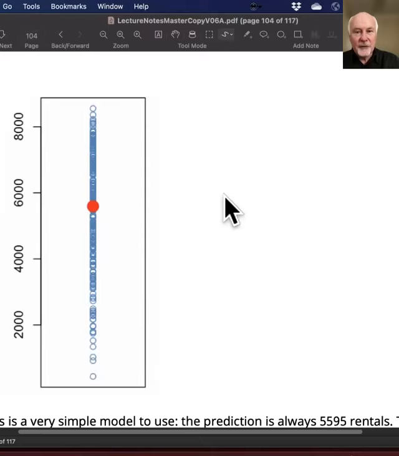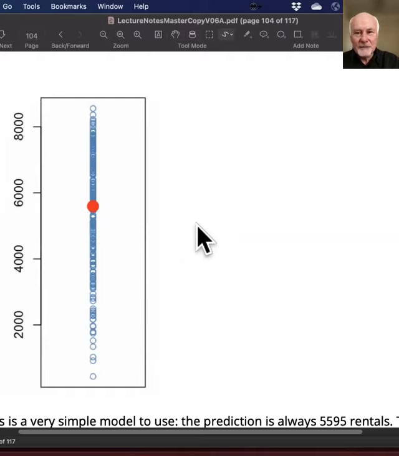And this is a very simple model because the answer is always 5595. If you want to use this model to predict how many bike rentals there will be on a given day in 2012, the answer is always 5595 every day, because this doesn't do anything to take into account temperature or humidity or anything else.